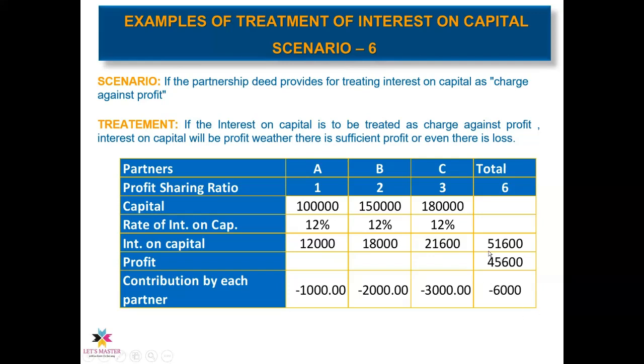We need to provide interest to partners on their capital to the extent of 51,600, but the profit earned by the partnership firm during the year is only 45,600. So in order to bridge the gap of this 6,000, we will take the amount from partners' capital or current account in their profit sharing ratio.